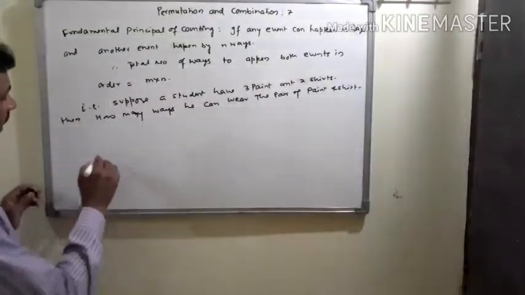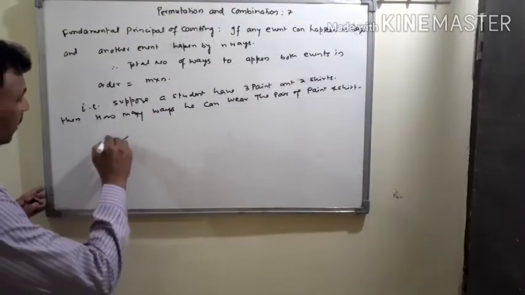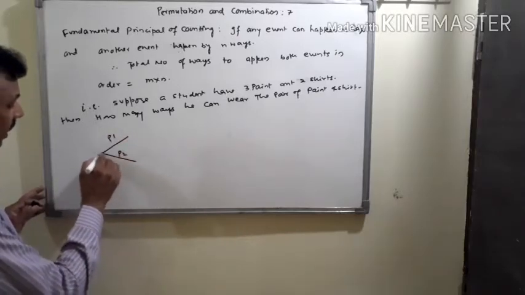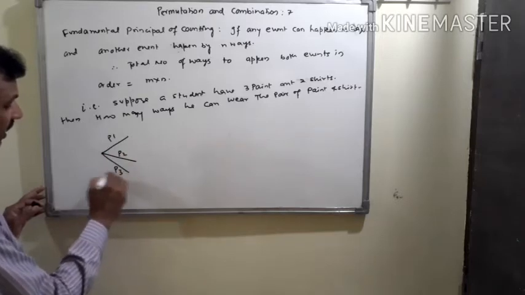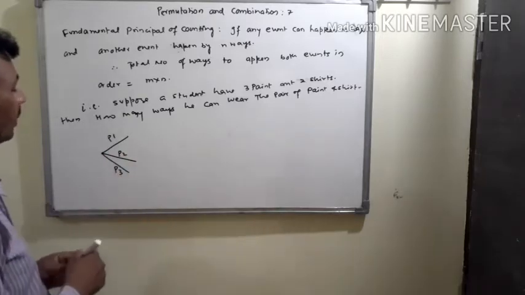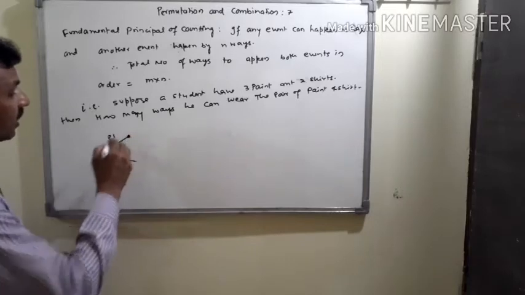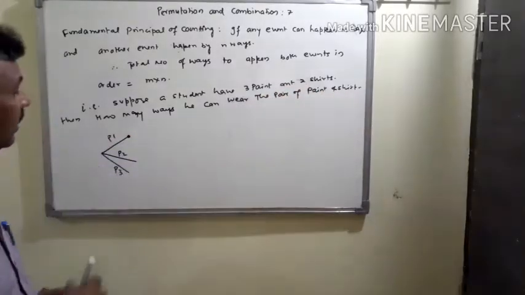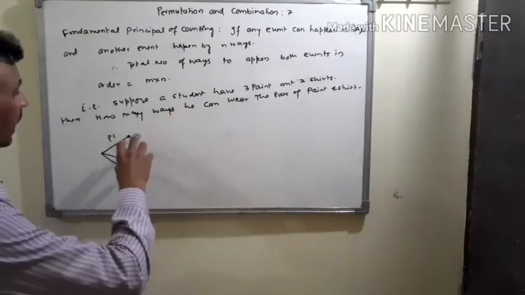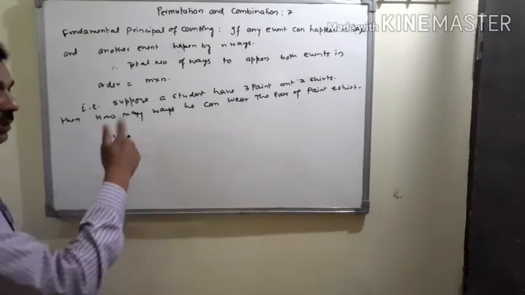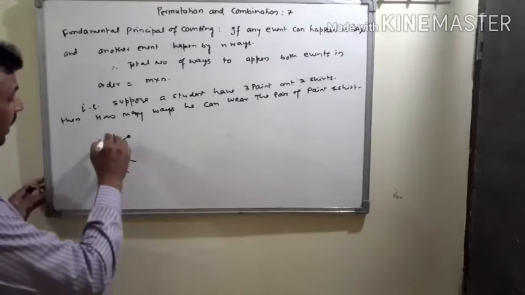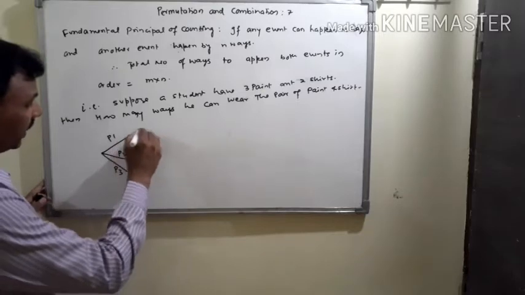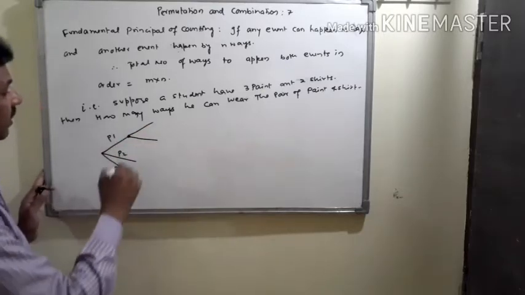Suppose there are 3 pants. First pant is denoted by P1, second pant is denoted by P2, and third pant is denoted by P3. Since he has 2 shirts, that means every shirt can be worn with each pant. That means the P1 pant can be worn in 2 ways.